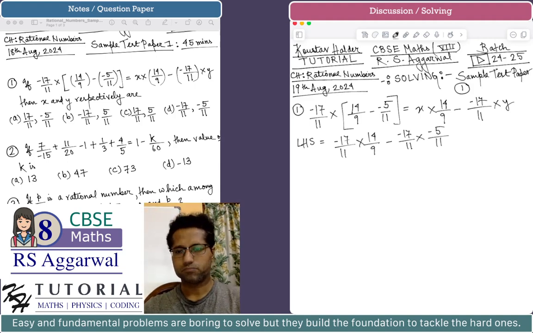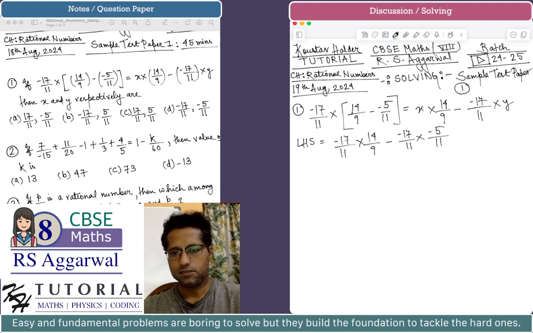Now we have this LHS. Try to rearrange the LHS to match with the given RHS.